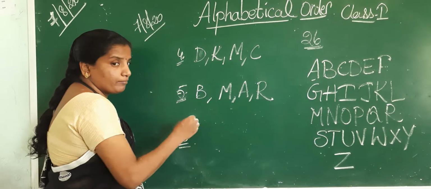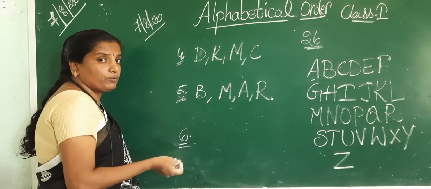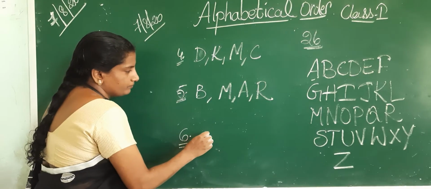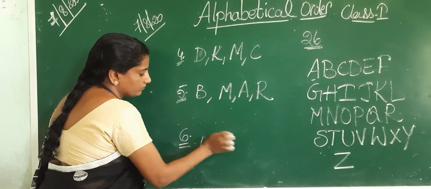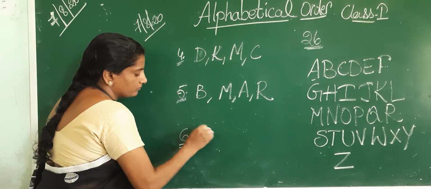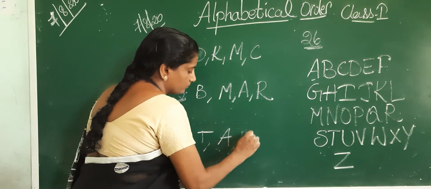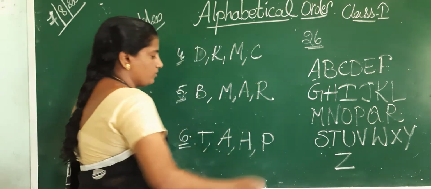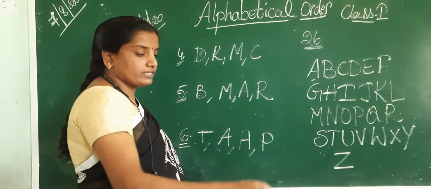See, children, I am writing a few more examples on the board so that you can easily understand the alphabetical order. Now see this order. Let us discuss these three examples.